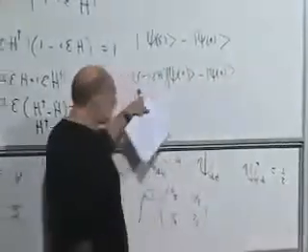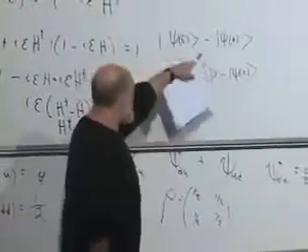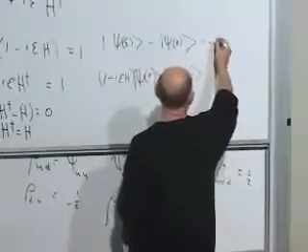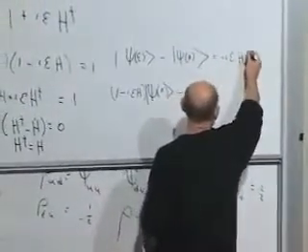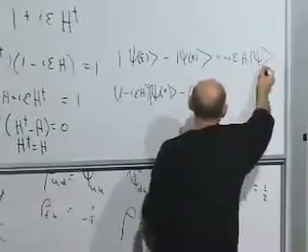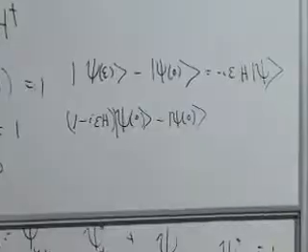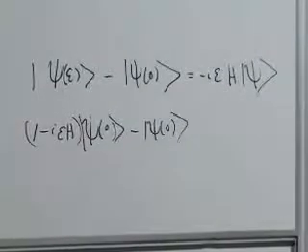Well, that just means the 1's cancel. Psi of epsilon minus psi of 0 is just equal to minus i epsilon H psi. It's just the difference between them, the extra little piece in U that comes from here.